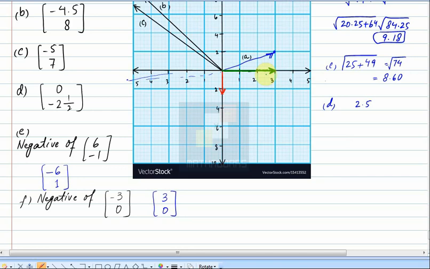I hope that all of you are clear in the concept of magnitude, representation and column vector. If you need to find the magnitude of part E, what will be the answer? What is the magnitude of the vector of part E? Done?